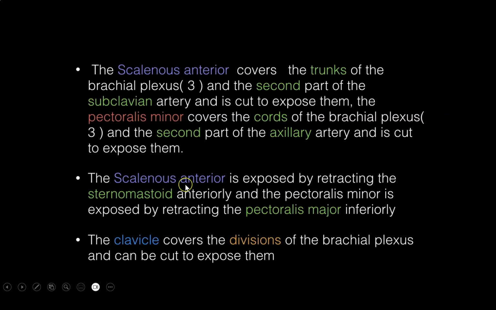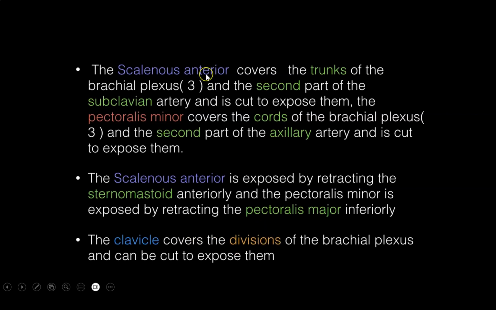And as we said, scalenus anterior is exposed by retracting the sternomastoid anteriorly. Sometimes when you open in this triangle, the subclavian triangle, or the supraclavicular triangle, you couldn't identify the scalenus anterior, so you have to push the sternomastoid anteriorly to see it. The pectoralis minor is exposed by retracting the pectoralis major inferiorly, and the clavicle covers the divisions.